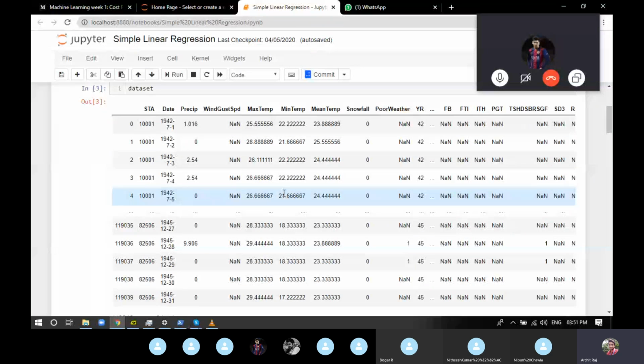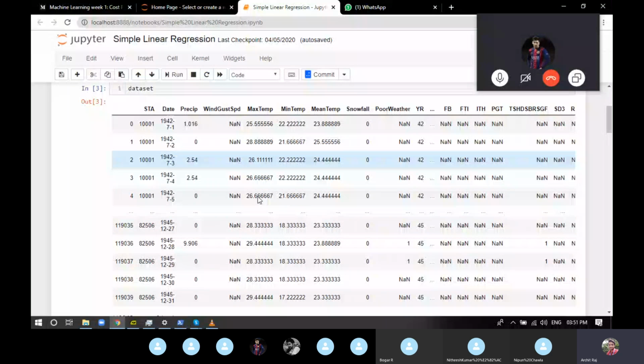There is one condition known as multiple linear regression, in which there is one value of y, which is the output, and we have different values of x, like the maximum temperature can depend on minimum temperature, mean temperature, snowfall, many attributes responsible for the output. But currently we are talking about only simple linear regression, which has only one value of x and one value of y. Tomorrow we'll go through multiple also, so don't worry about that.